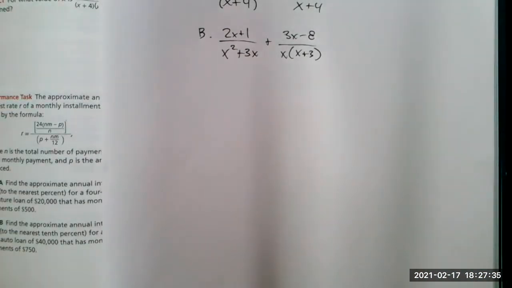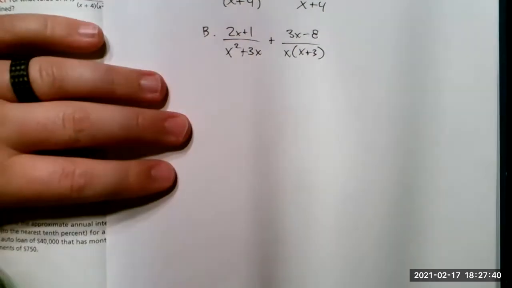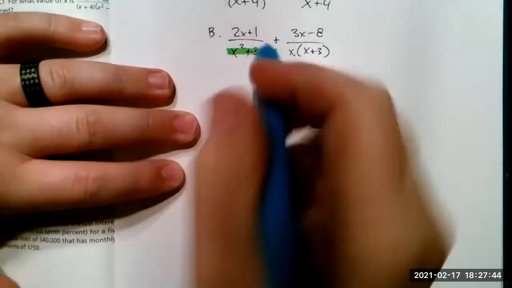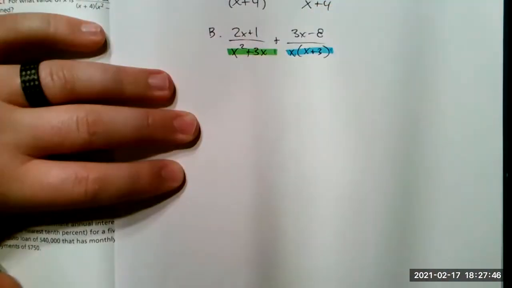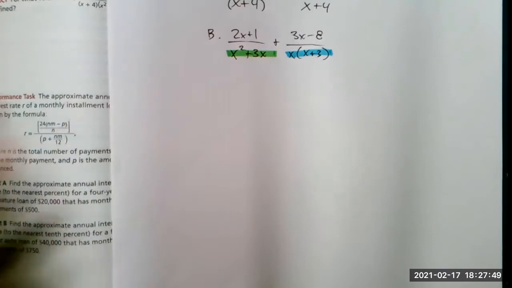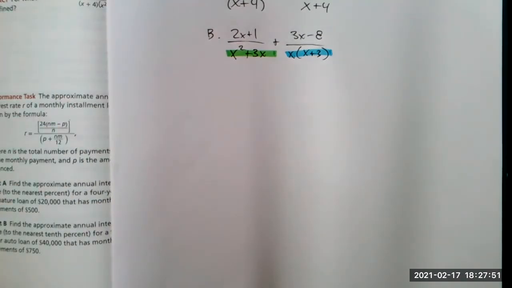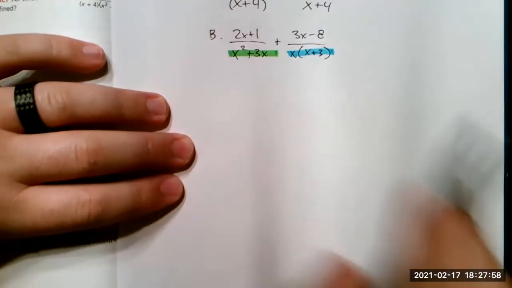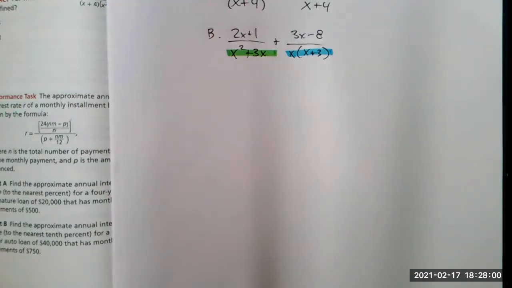So with B, the first thing I'm noticing is that these 2 things are seemingly not the same, right? They don't look the same. Just by looking at them superficially, there's an x squared plus 3x, there's an x times x plus 3, excuse me. So just visually, they don't look the same. So your first thought might be, well, I can't add my numerators together because my denominators aren't the same.